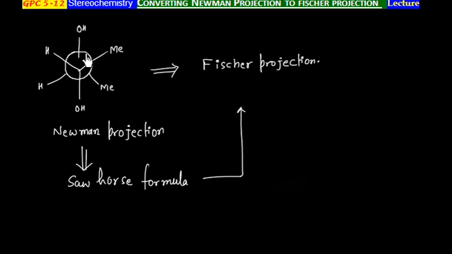This carbon is the back carbon and this carbon is the front carbon. So this is the back carbon. Let us call the back carbon 1. So this carbon is 1 and this is the front carbon.